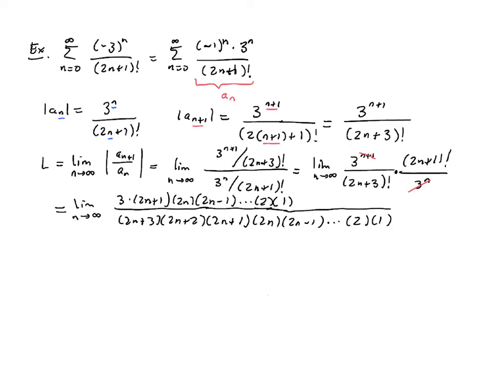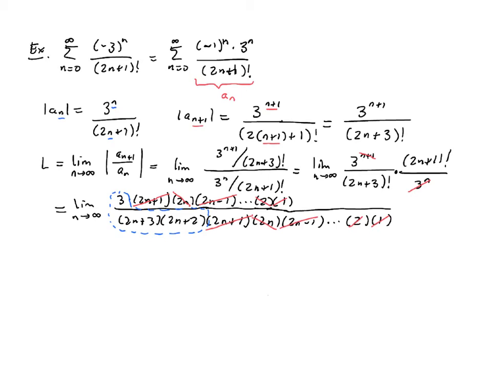And the reason for writing out all those terms in the denominator is so that you can see exactly where the cancellation starts. I have a factor of 2n plus 1 here that cancels with a 2n plus 1 there. I have a factor of 2n here and a factor of 2n here. 2n minus 1, 2n minus 1. All those factors cancel, and I'm just left with these bits here.